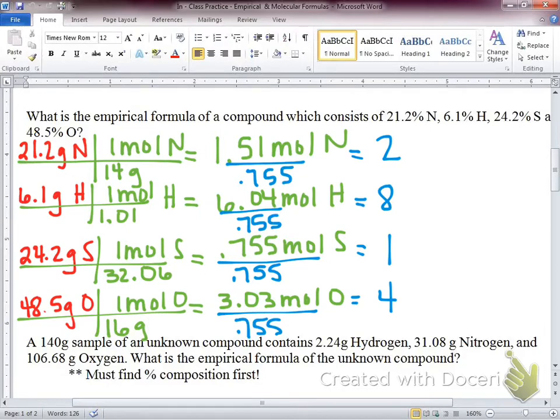So when we do these ratios, we should always come out with a 1, right? Something should always come out as a 1. So we can't reduce these any farther, okay, because something is already a 1. We can't reduce it any past that.